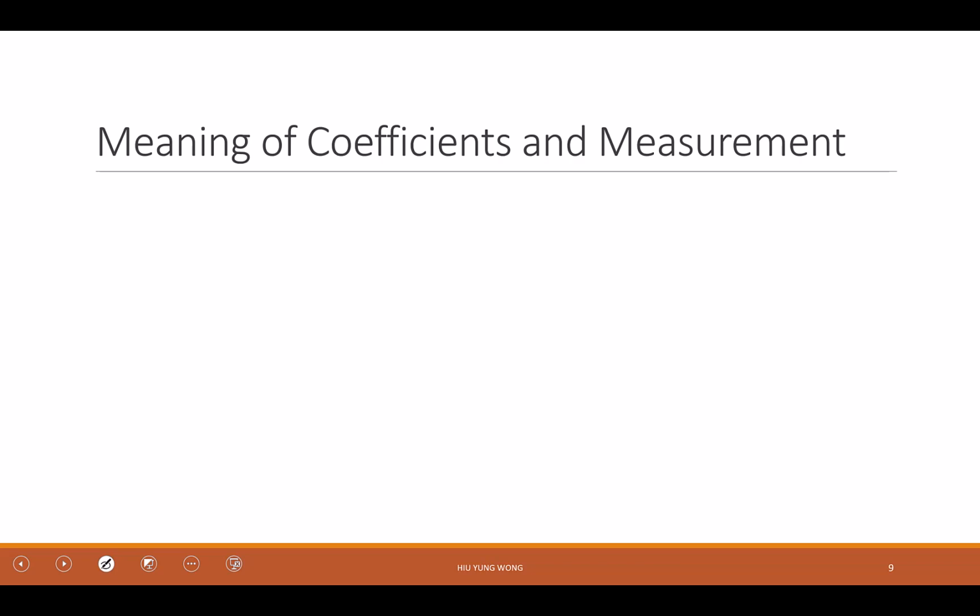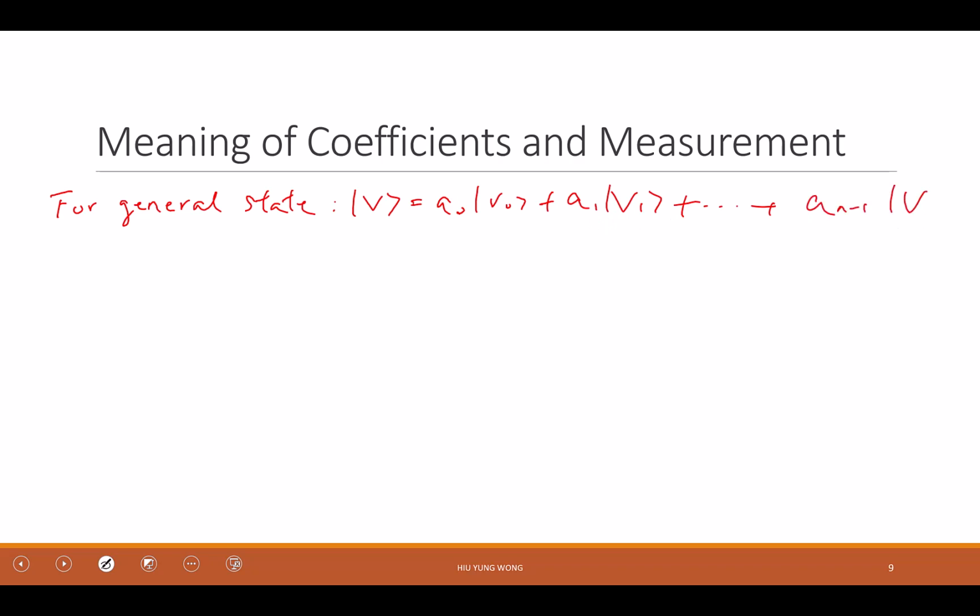Of coefficient, we talk about superposition, right? We actually talked about the meaning of coefficient already, but what does it mean? Let's have a more mathematical description. So for general states, I can write it as V equals A0 V0 plus A1 V1 all the way to A(n-1) V(n-1).